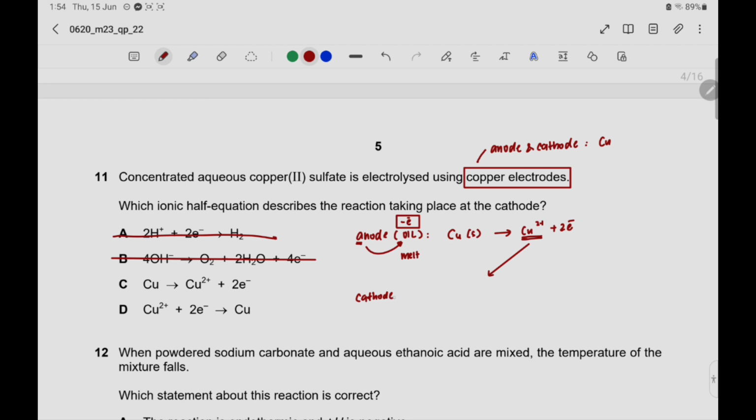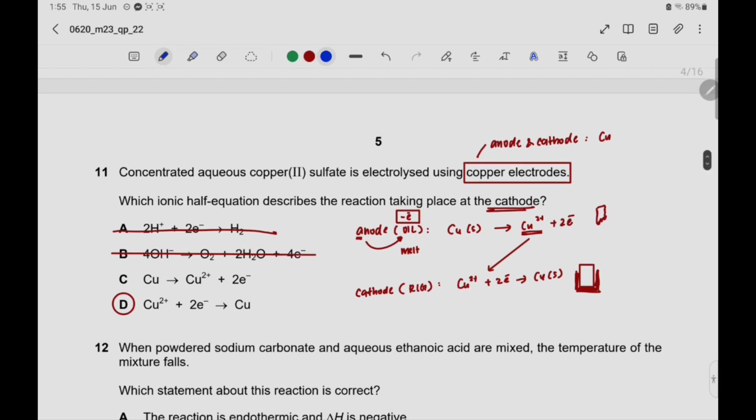This is what happened at my anode, because they turn into ions to swim to my cathode. At my cathode, they are gaining electrons, which is kind of considered a bad thing, but for this one it's kind of good because they form copper solid. So for the anode you will get an electrode that is dissolving, but for the cathode you will get them thicker and thicker. So they ask for cathode, the answer should be D. Don't get confused, don't choose C. C is for anode.